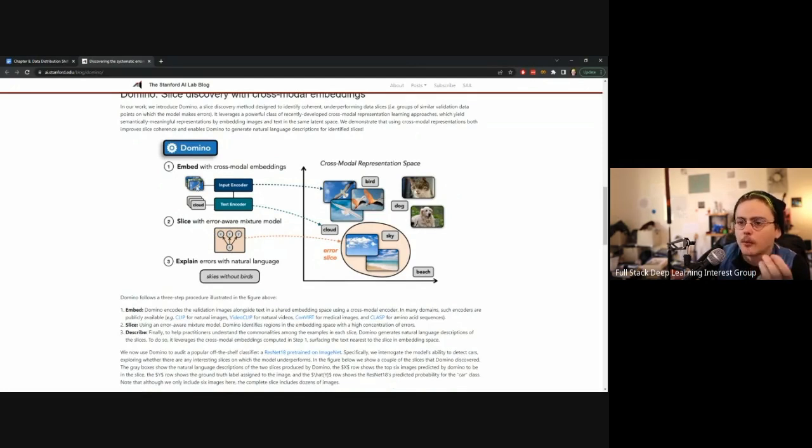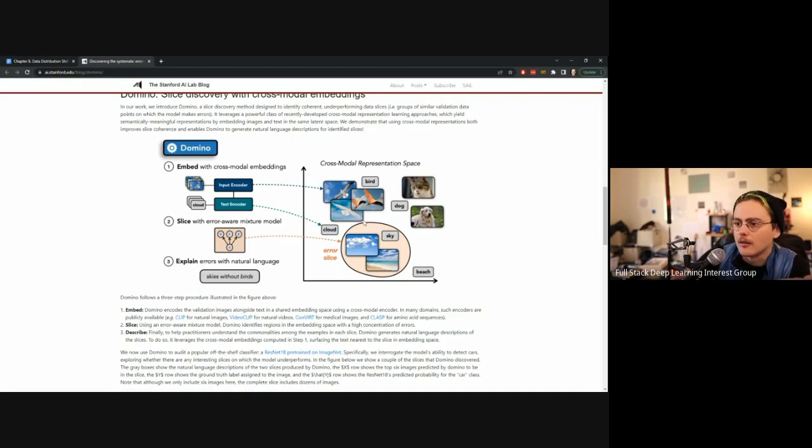If you work with images, for example, they've learned to encode images in a way that encodes both the image content and also a natural language description of the image.